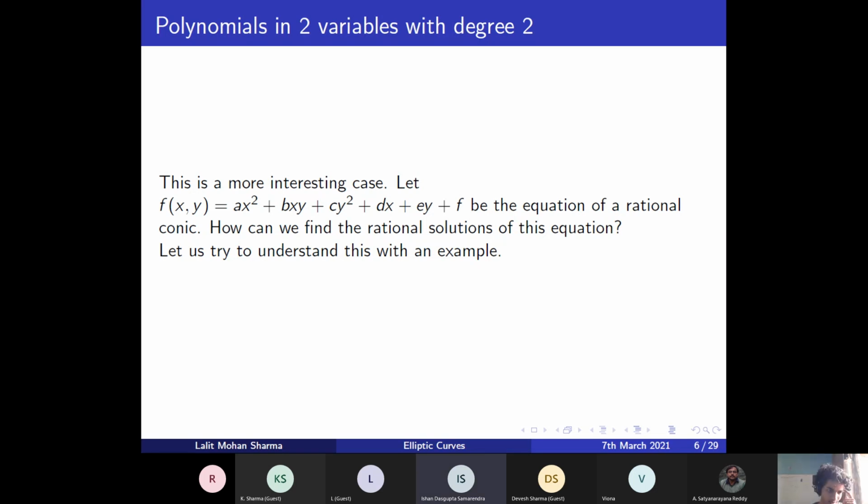So suppose you do that. You're trying to find rational solutions of something that is not transformed, and you're transforming it and then finding the solutions. So would the solutions not change?